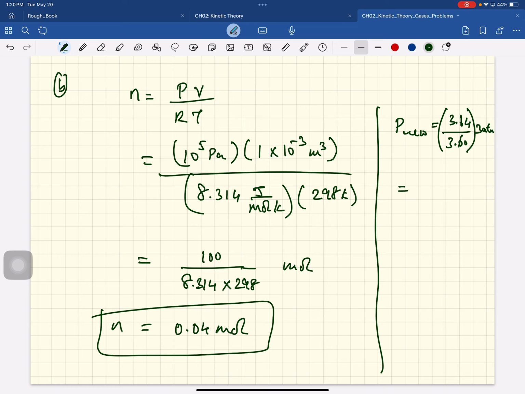Okay. So when you filled up the gas, the pressure increased by, so the new pressure is that. Okay. The pressure increased by 1%.